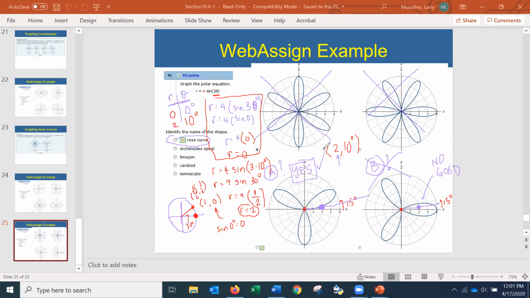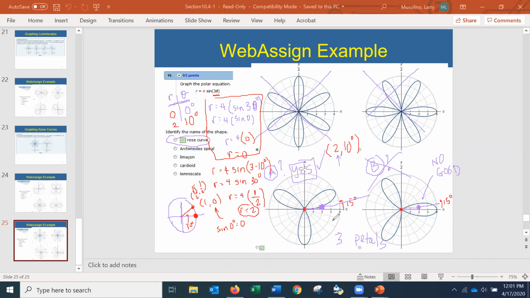And again, this is a little more challenging than some of the other examples because even though you knew this graph had to have 3 petals, there were 2 answer choices that had 3 petals. So I had to come up with another step to distinguish between these 2 choices.